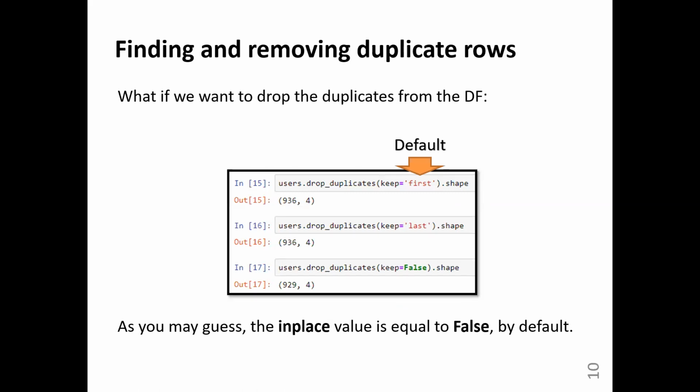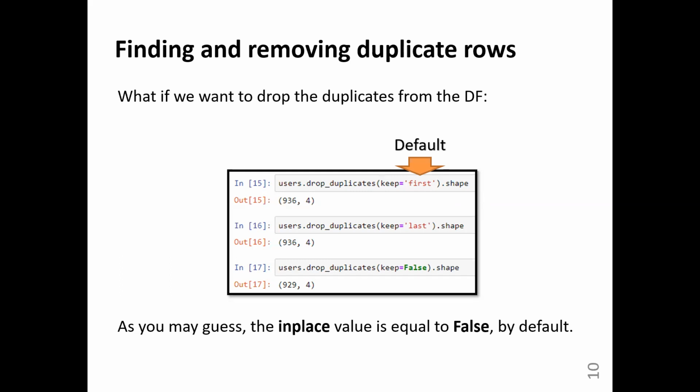If you say keep first and say dot shape after you say drop duplicates, guys, before that we said just duplicated. Here we say drop duplicates, and it's going to be 943 minus 7, which makes it 936.